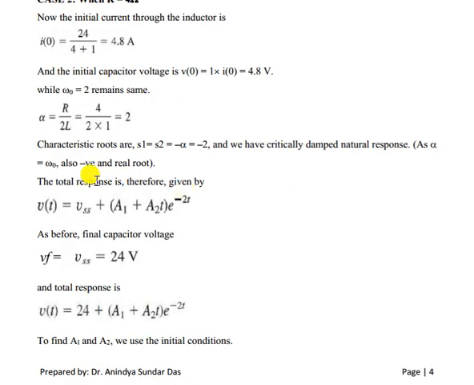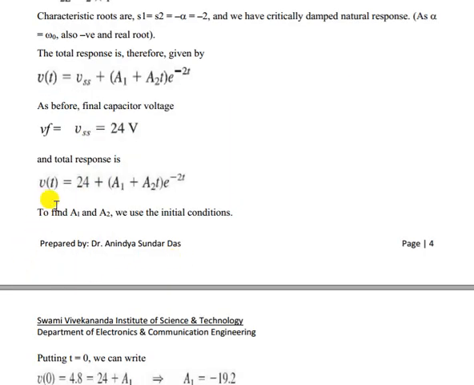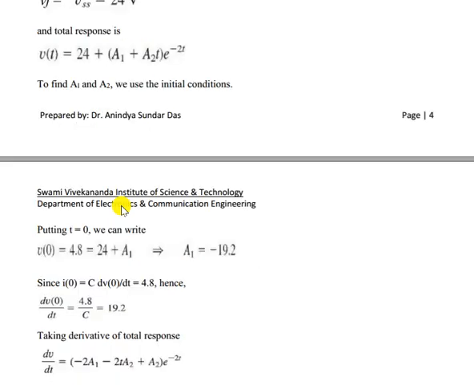So we can write the equation of the total response, Vss plus a1 plus a2 t into e to the power minus 2t, putting this alpha value here. Now we can find out the Vss, or final capacitor voltage, is 24 itself, so we can put this value here. Now put t equal to 0, then what we will get?